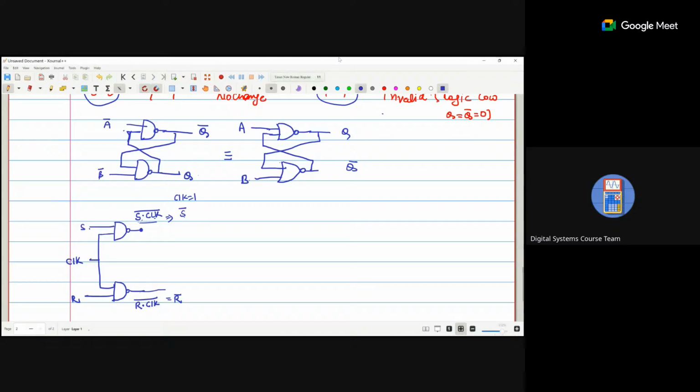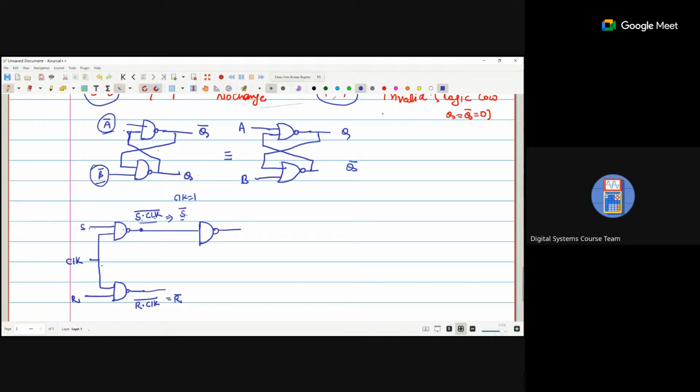In the NAND gate, we require the inputs as A bar and B bar. So S and R we apply to the NAND gate with the help of the clock pulse, and I'm getting S bar and R bar. Here I take the input A and B, here I take the input S and R. Now can I use this S bar and R bar in this circuit?